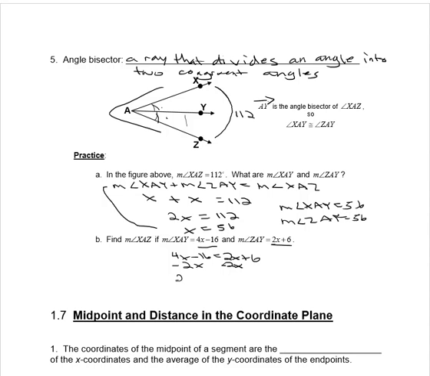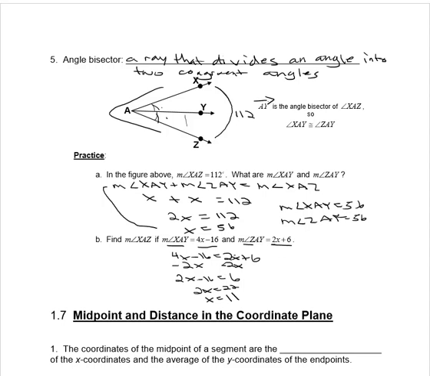Now I'm solving for x, because if I can solve for x, I can plug it back into each expression and get the measure of each one. With the measure of each one, I can add them together to get the entire thing. Subtract 2x from both sides: 2x minus 16 equals 6. Add 16 to both sides, and 2x equals 22. And so x equals 11.